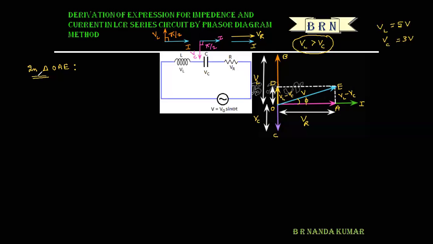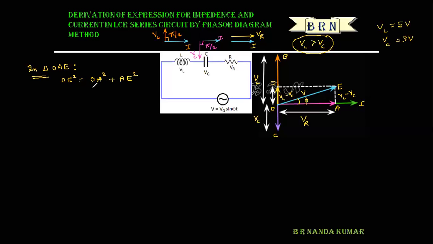So in the triangle OAE, OE square is equal to OA square plus AE square.